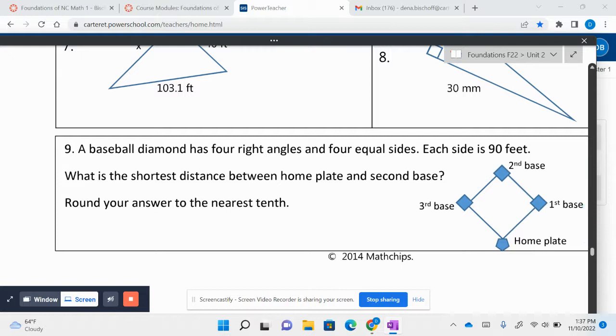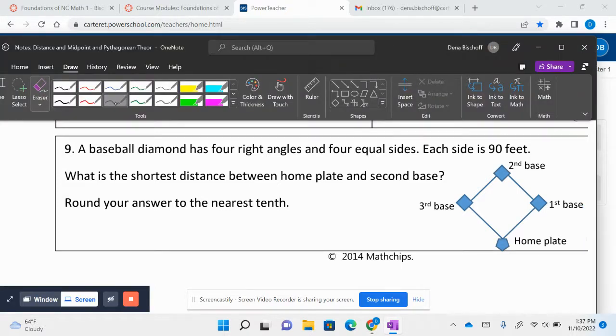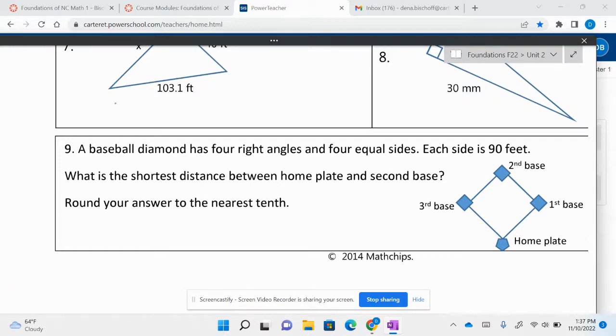Okay. So this question is about a baseball diamond. It just says all of the bases are 90 feet apart. So each one of these sides measures 90 feet. It's asking you, how far is it from home plate to second base?